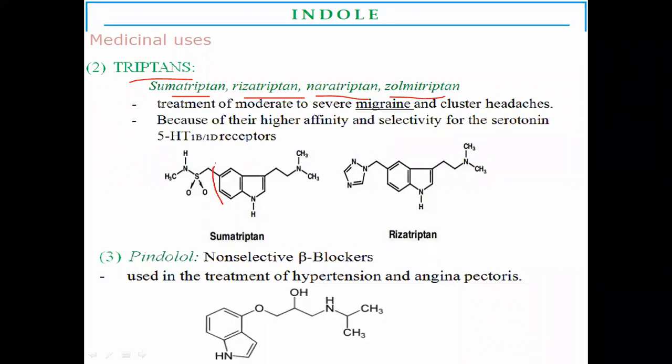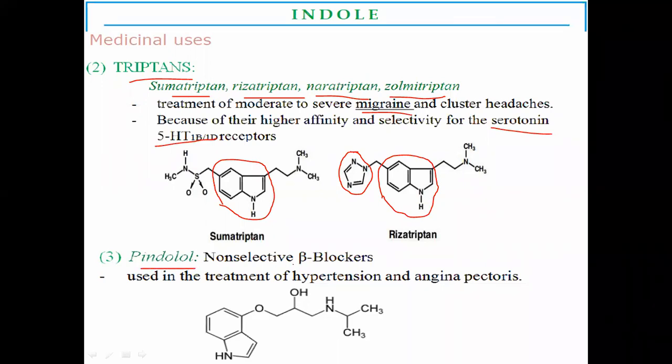These are structures of triptans: sumatriptan has indole as a basic moiety, whereas rizatriptan has indole as a basic moiety along with a 1,2,4-triazole substitution on the indole ring. These triptans are generally used in severe migraine pain and headache, and sometimes they act on serotonin receptors, the 5-HT receptors.